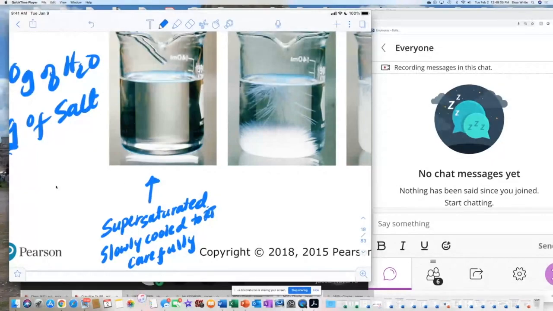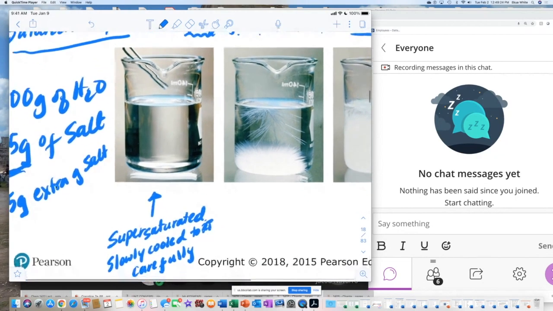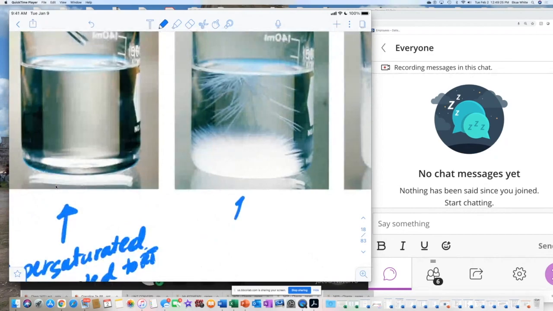Supersaturated liquids are very unstable because they're uncomfortable, because they're holding 15 more grams of salt than they can hold, right? 15 extra grams of salt. So if you knock it by mistake, or if you add a speck of dust or anything, if you disturb it, all of a sudden this begins to happen, and the supersaturated solution begins to dump the 15 grams.